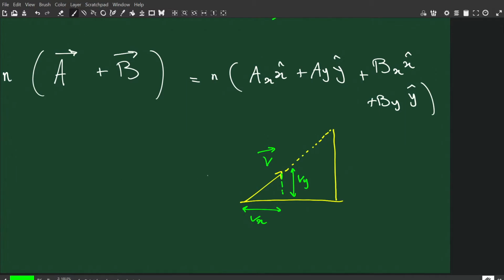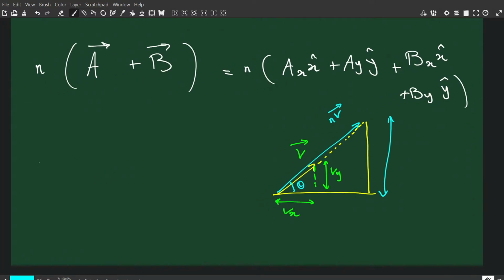So if this one, this bigger one, is nv, what will it be? Assume that it's theta, so vy is magnitude of v sine theta, and vx is equal to magnitude of v cosine theta.